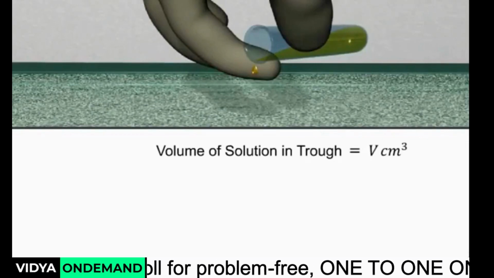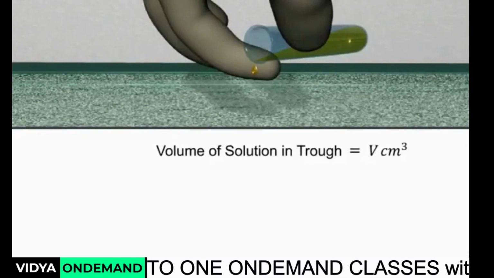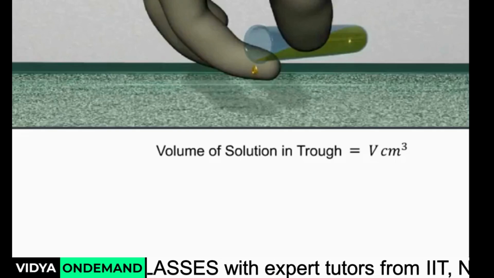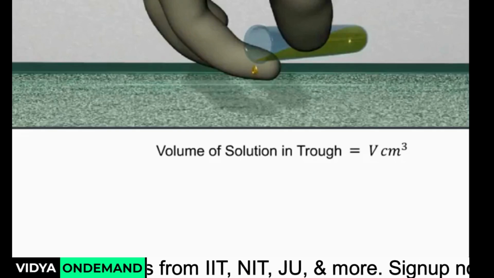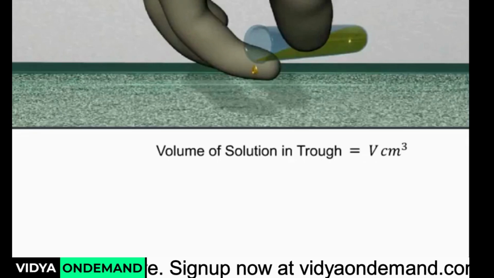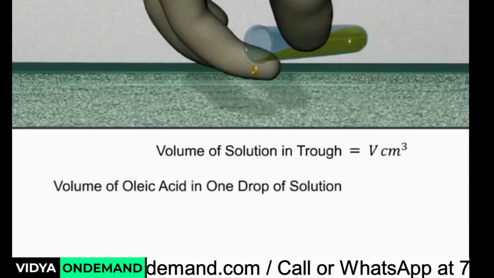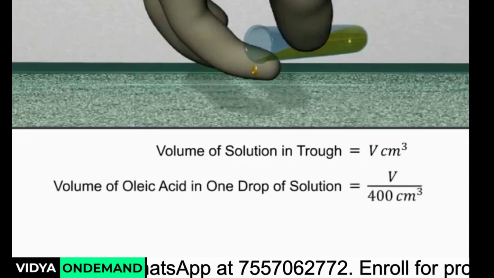As the concentration of oleic acid is 1/400 in the solution, the volume of oleic acid in each drop of the solution is V/400 centimeter cube.